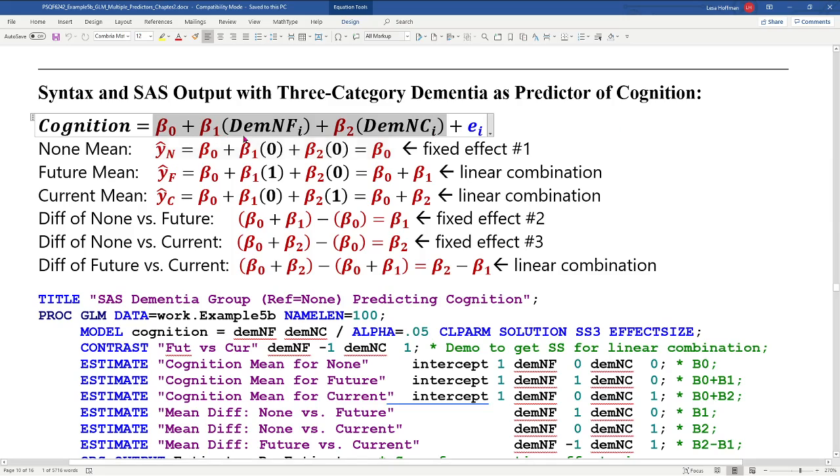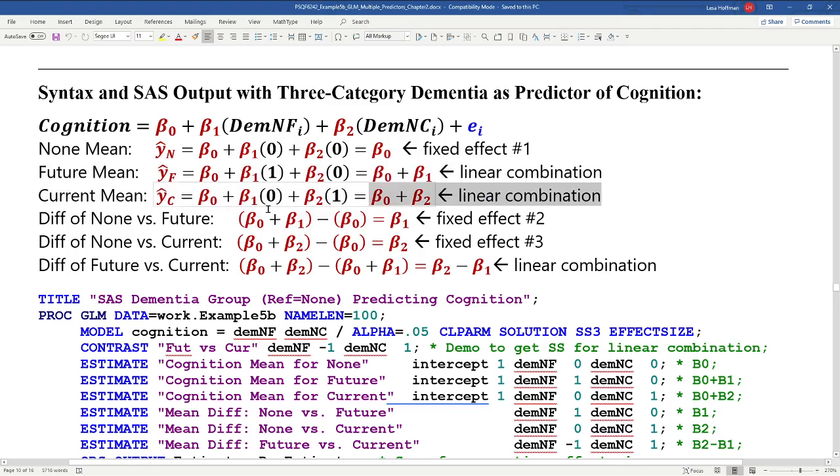We're talking about the future group when dem nf is 1, and the current group when dem nc is 1 instead. So the none group's mean is given directly by the intercept because the slope terms zero out. The future group's mean is given by the intercept plus the effect of beta 1. And the current group's mean is given by the intercept plus the effect of beta 2.